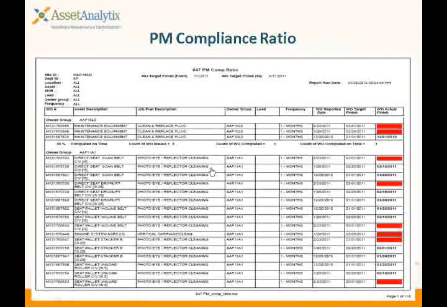trends that are happening. This is another example of PM compliance ratio by owner group. We had a similar report before showing what each owner group had responsibility-wise. Here we are showing how they have complied, and it shows if something is out of compliance.